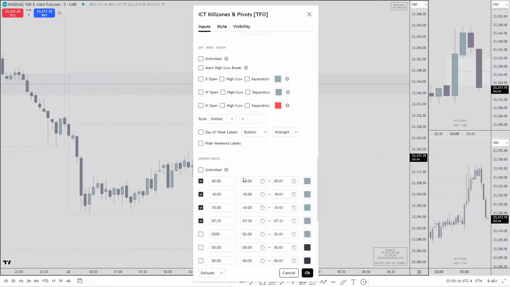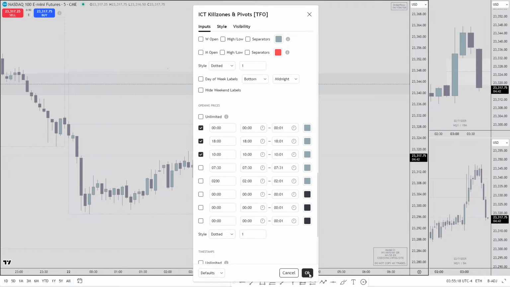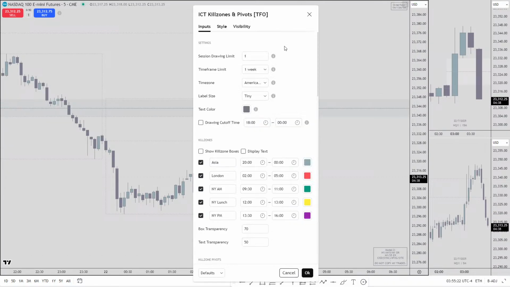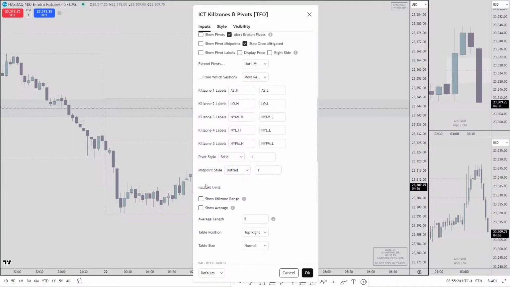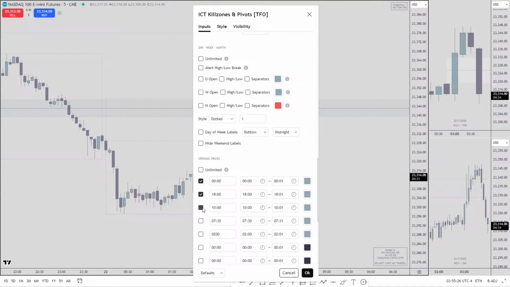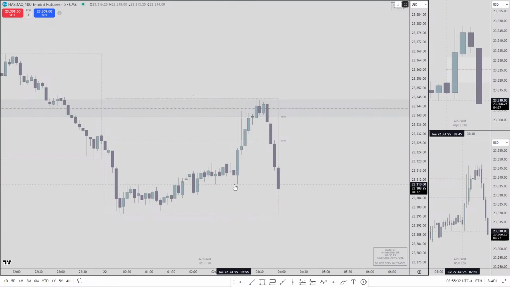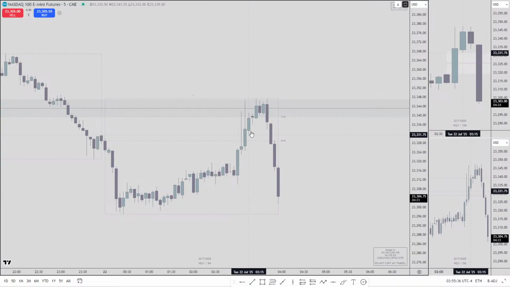Let me just remove the 7:30, that is for the New York AM session, and the 10 AM. So we have indeed taken out these equal lows down here, and for me this is bearish because we are unable to sustain the displacement higher.